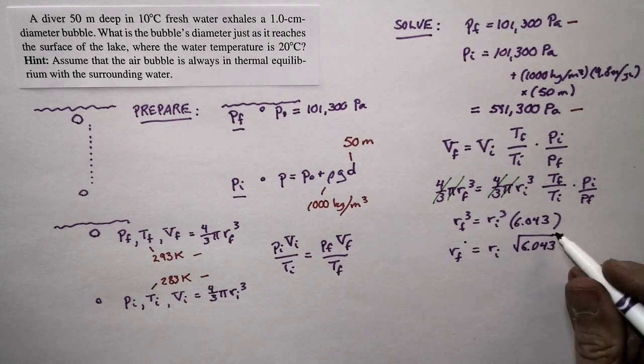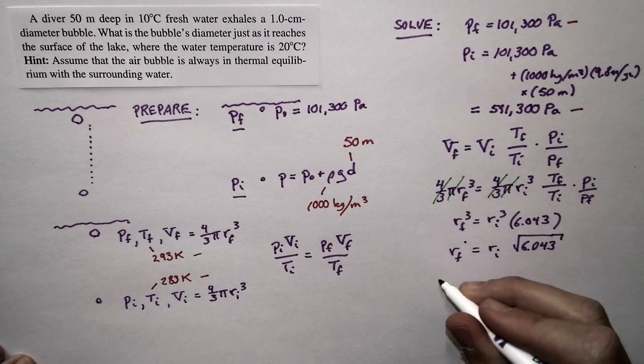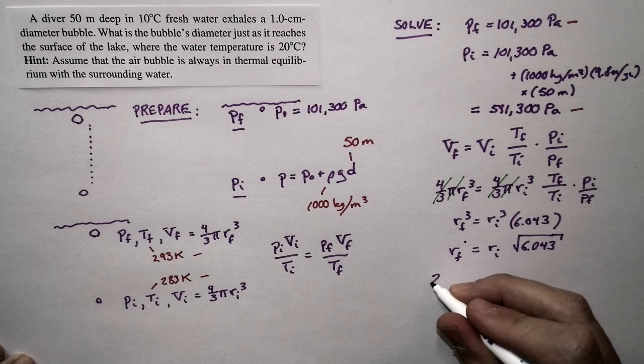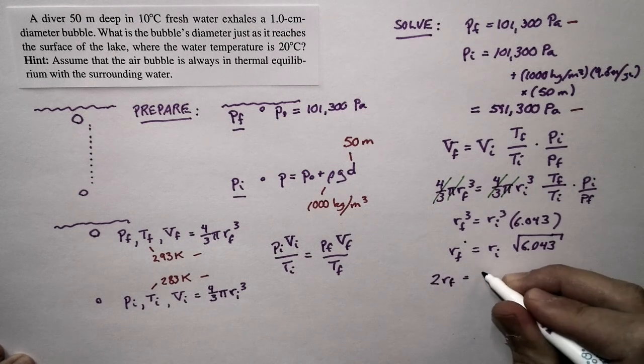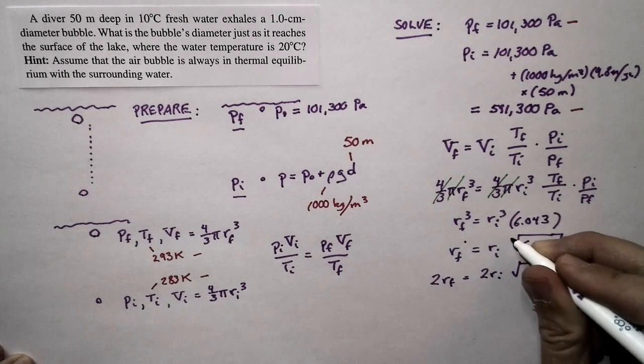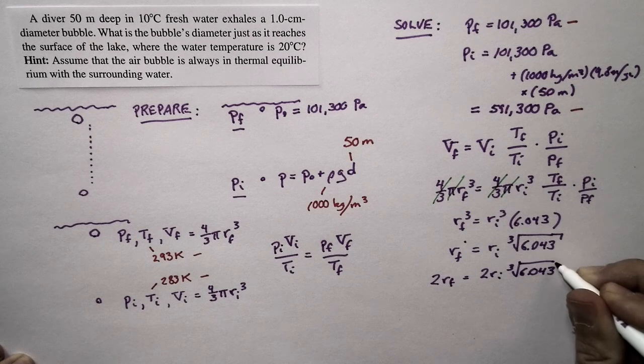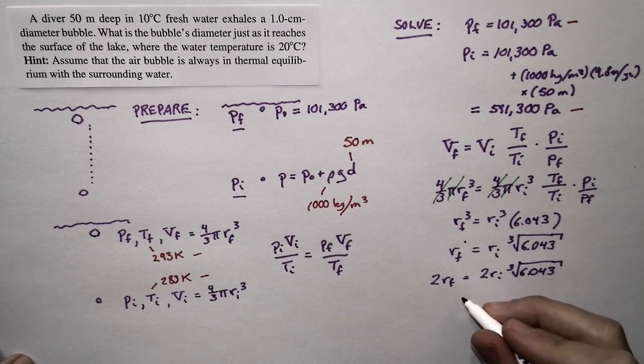Notice I've kept an extra significant figure because this is an intermediate stage of the calculation. Now I'll multiply both sides of this equation by 2. So 2 times Rf is equal to 2 times Ri times the cube root of 6.043.